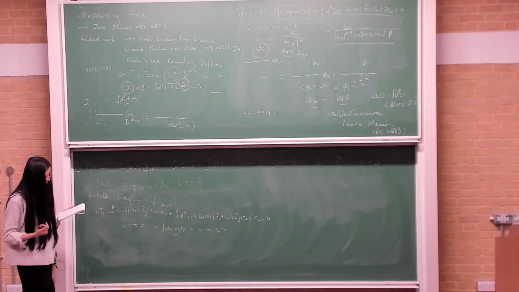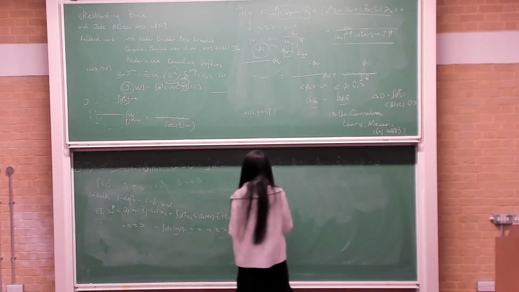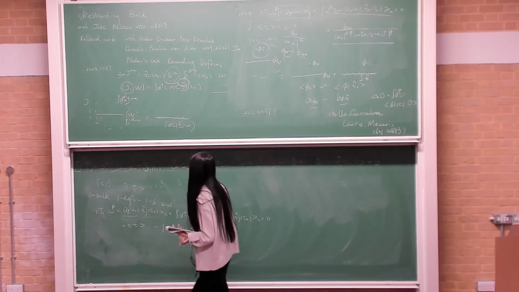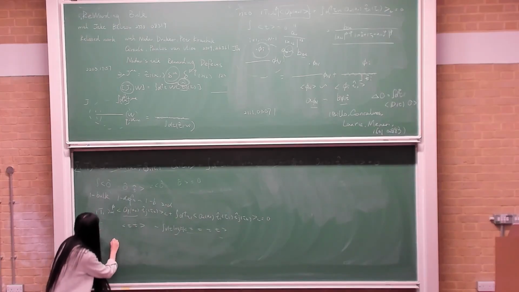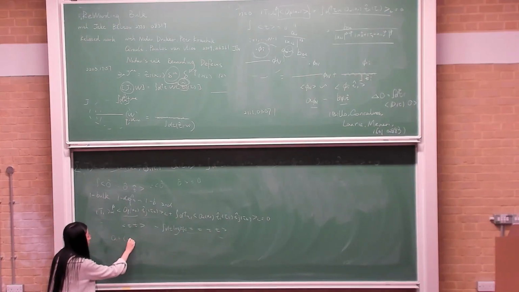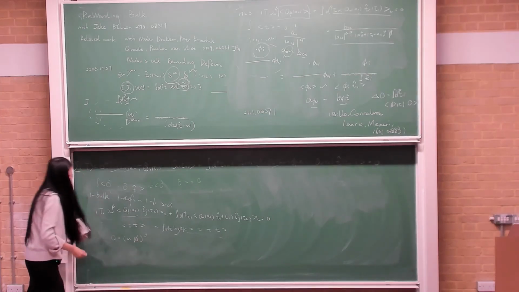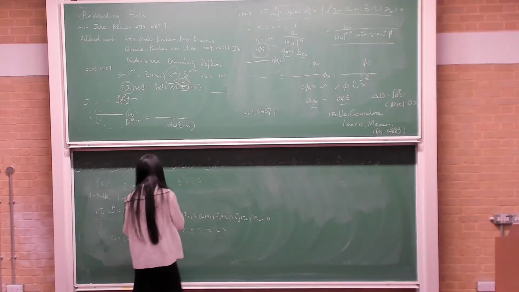So let's choose our bulk operator as a scalar that I write as u times phi to some power j, and this is a rank j scalar.